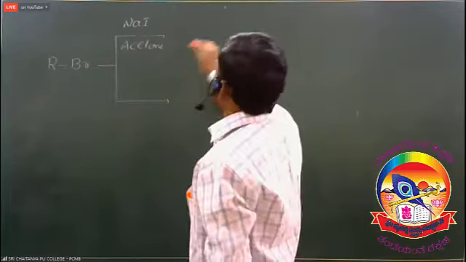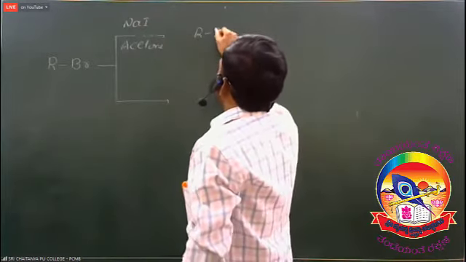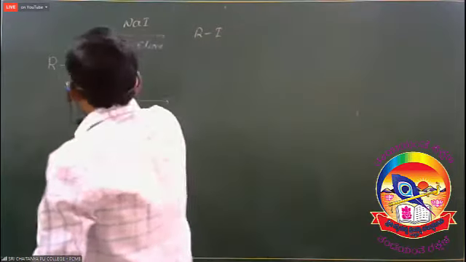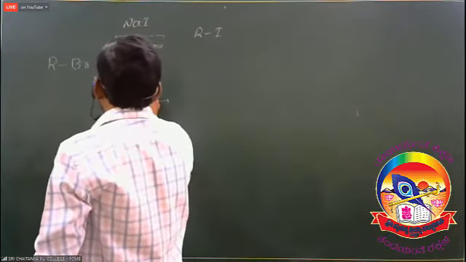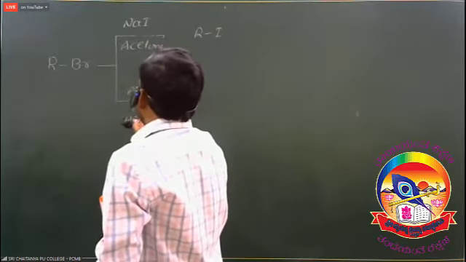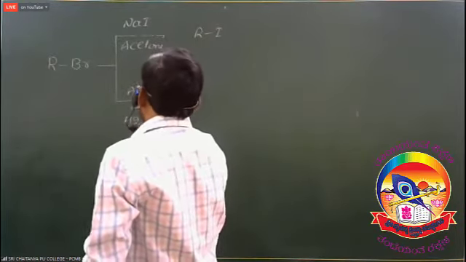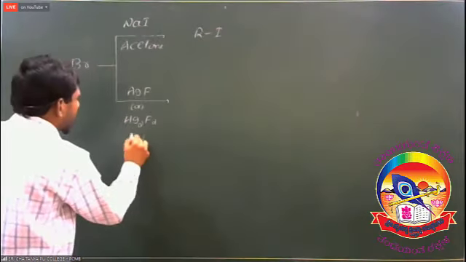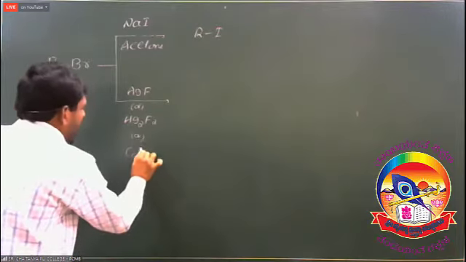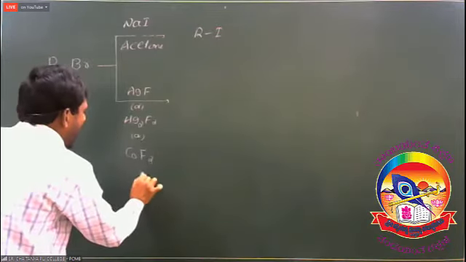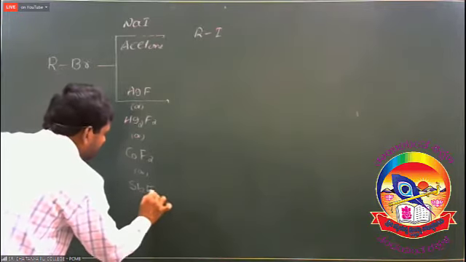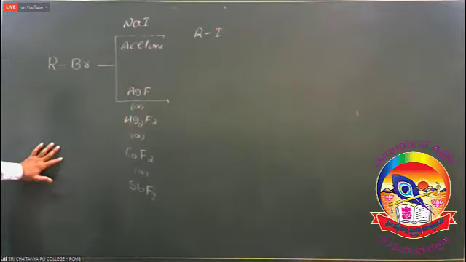This alkyl bromide is converted into alkyl iodide. The same alkyl bromide is treated with either silver fluoride or mercurous fluoride, Hg2F2, cobalt difluoride, CoF2, or antimony trifluoride, SbF3.